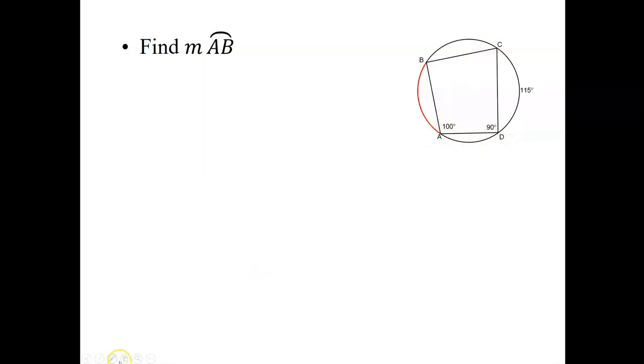So our arcs have to be twice as big as those. I'm going to change colors here. This angle right here is 100, so this arc from B all the way over here to D has to be 200.